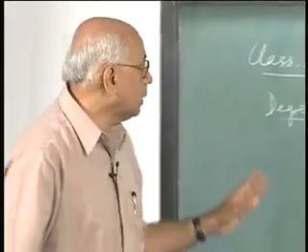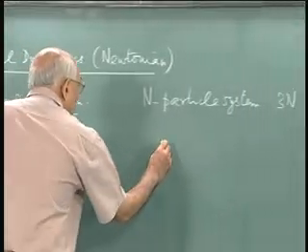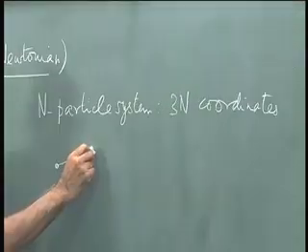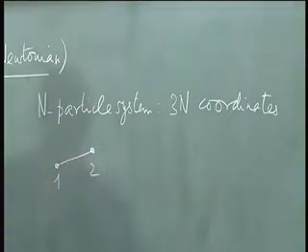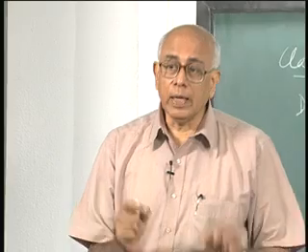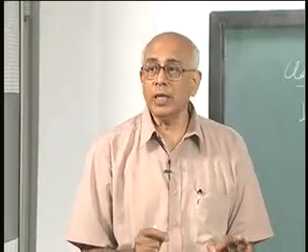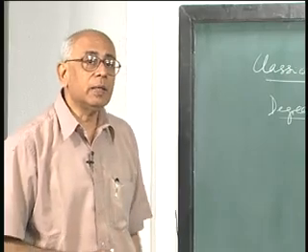Now we have seen that for n particles you have 3n coordinates, 3n degrees of freedom, but suppose I start putting constraints. Suppose I tell you that particle 1 and particle 2 are connected up in such a way that the distance between them is fixed and cannot be changed, then how many independent degrees of freedom are there?